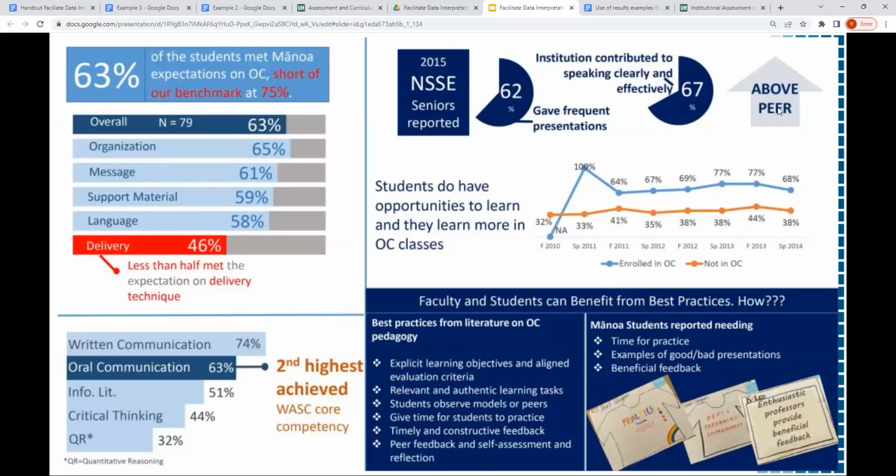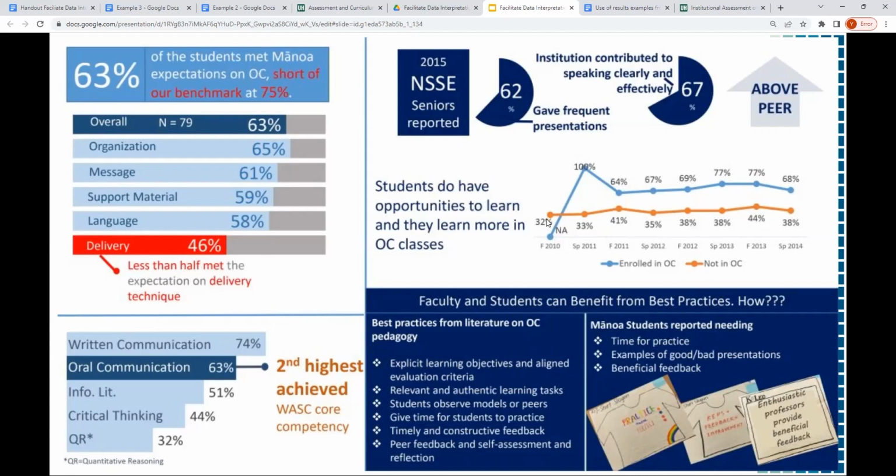Now, let's see what kind of learning opportunities make the most impact. My colleague has conducted a 5-year longitudinal study using student surveys. The results show these blue lines are the amount of learning that students reported when they enroll in oral communication courses.